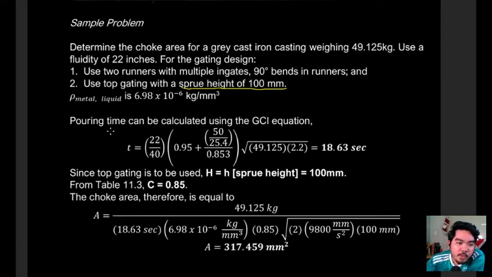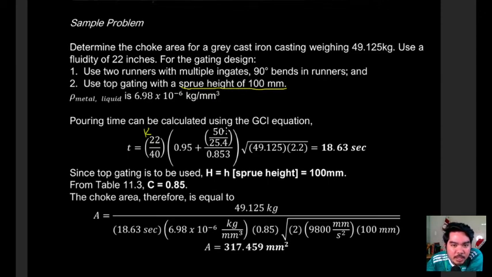Okay, so first we calculate the pouring time. So the pouring time can be calculated from the GCI equation mentioned earlier, no? So it's equal to K, which is just the fluidity in inches divided by 40. So this is the K value, plus 0.95 plus the, ano nga ulit to?